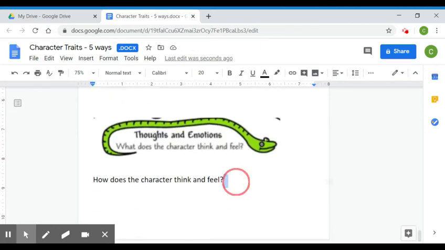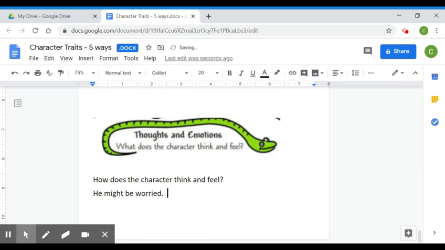Thoughts and emotions. What does the character think and feel? When I look and think about Mr. Johnny and how he thinks and feels, he might be worried. He might be worried about his sister when he goes and checks on her scream.